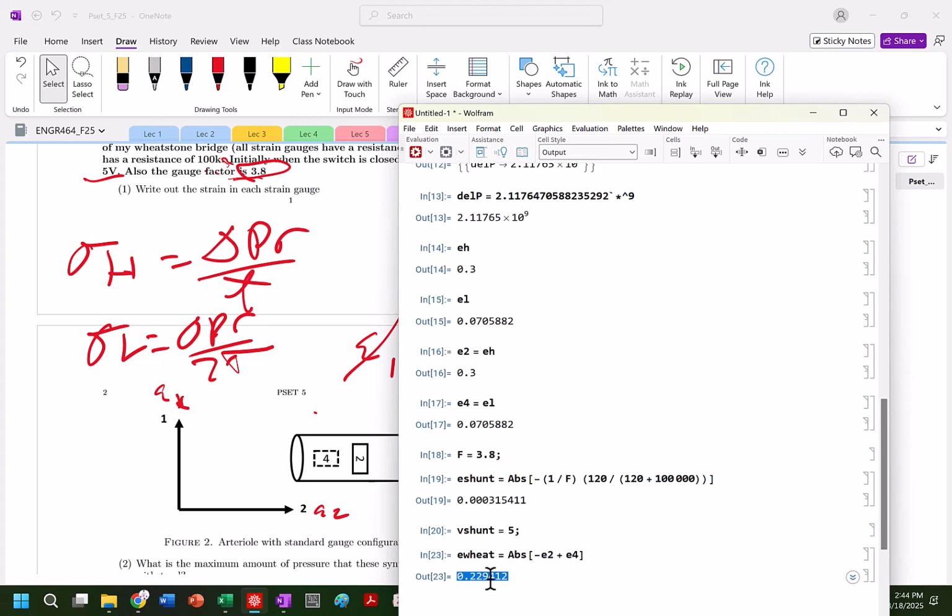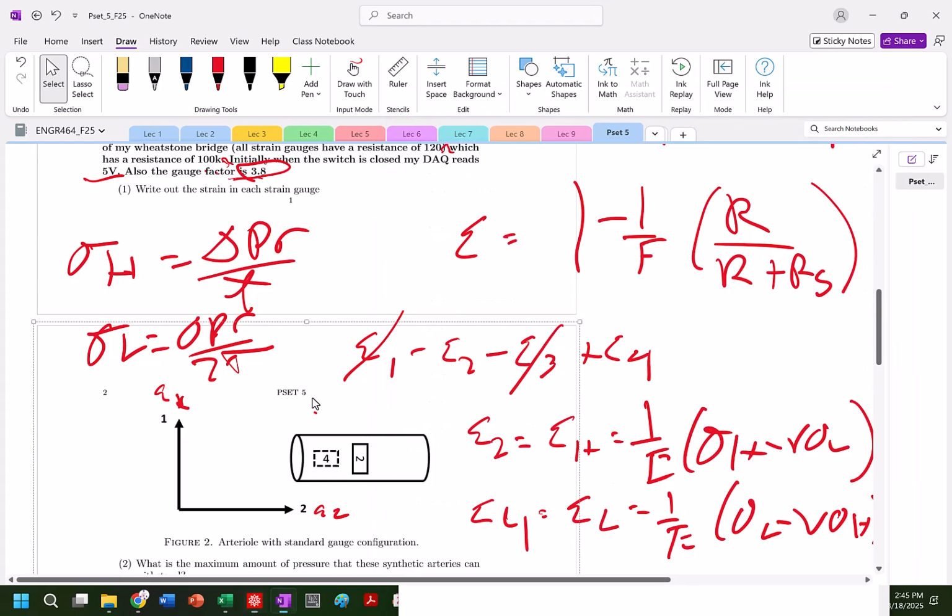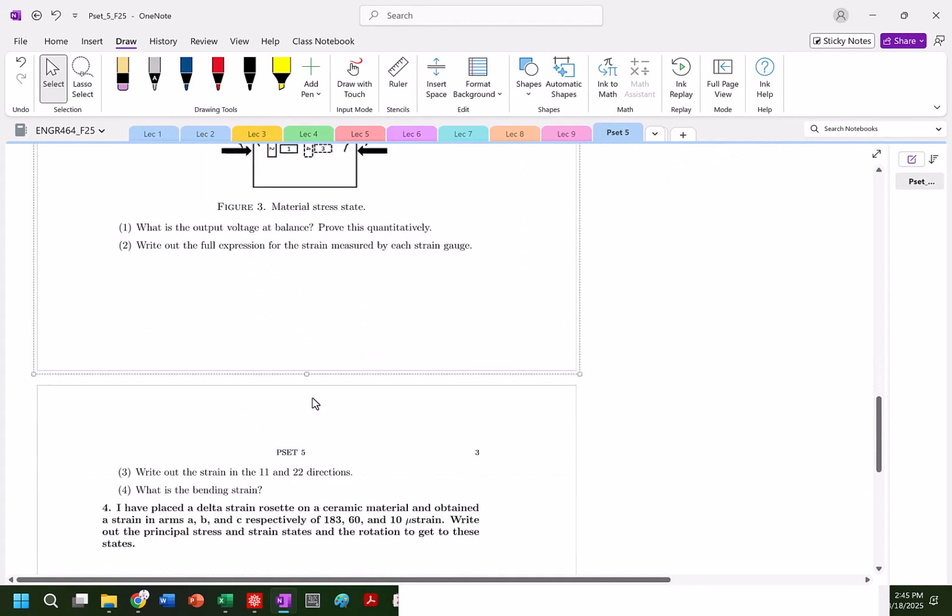So if I solve E wheat divided by E shunt, set it equal to V wheat divided by V shunt, we see a much larger value, which is kind of what we expected. So there you go. That's how we do that one. So let's look at the next problem.